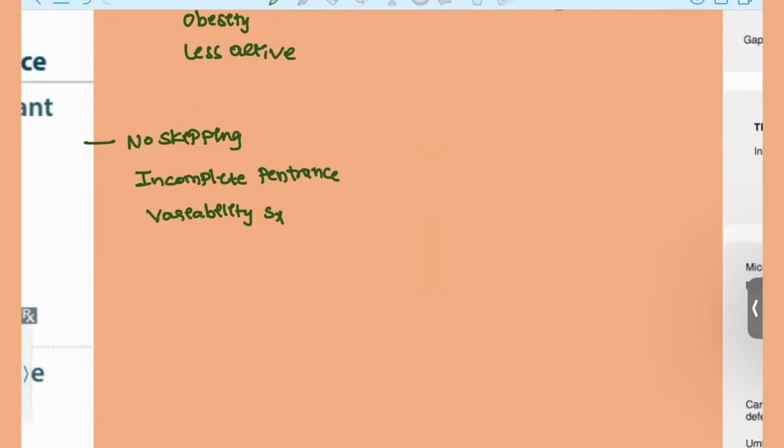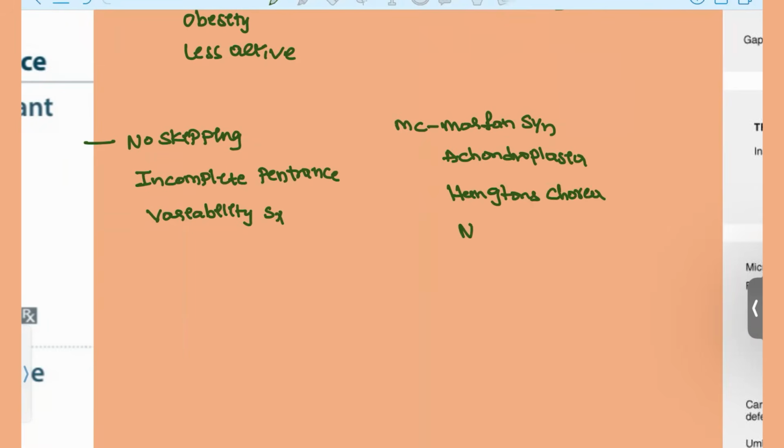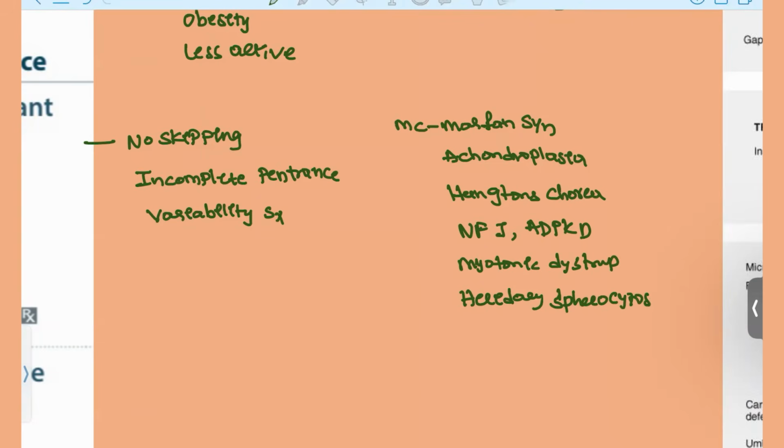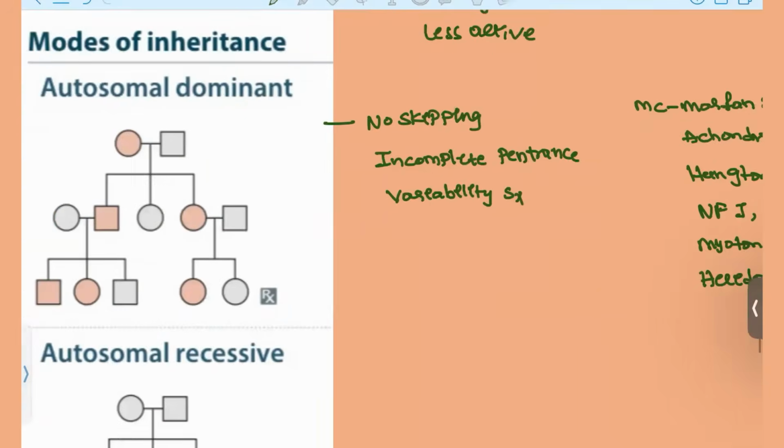The most common example is Marfan syndrome, and also achondroplasia, Huntington's disease, Huntington's chorea, neurofibromatosis, ADPKD, myotonic dystrophy, and hereditary spherocytosis. These are examples of autosomal dominant.